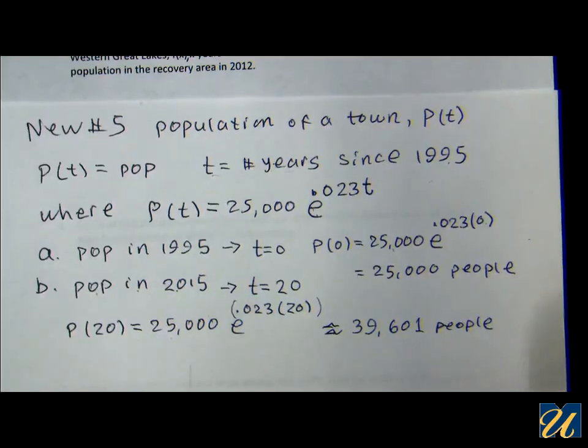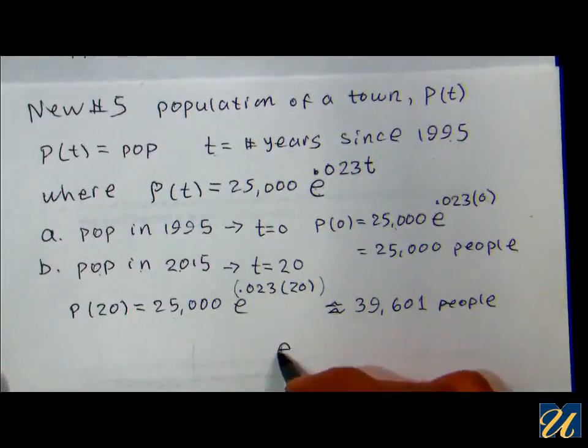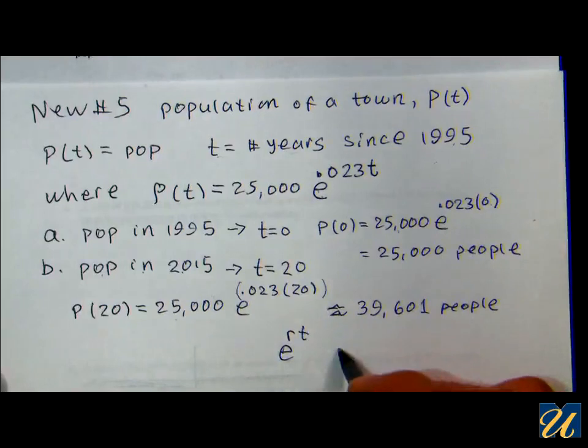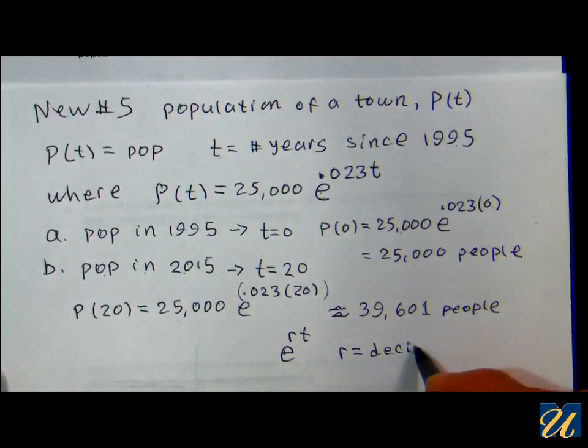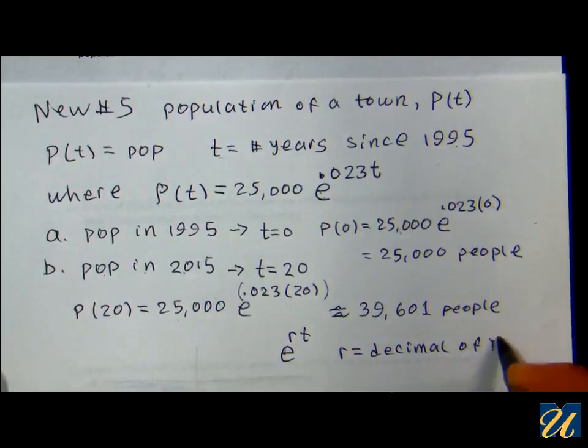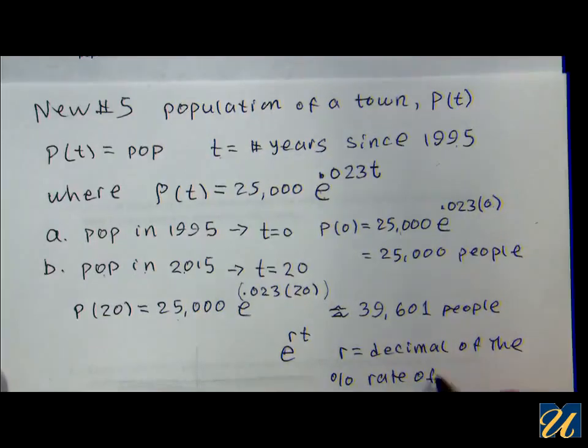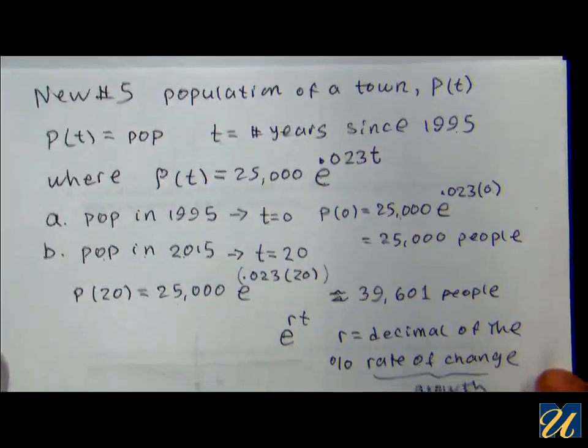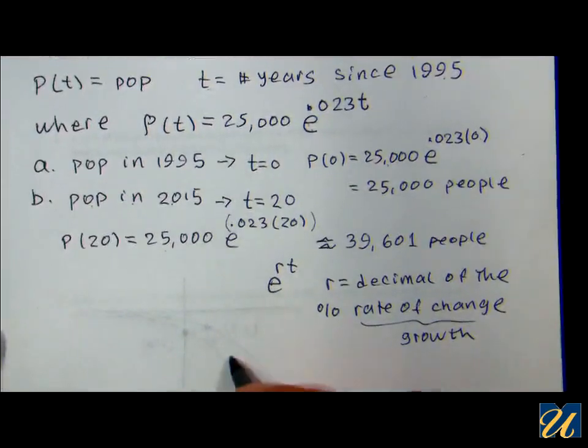In fact, I'll tell you that the population is growing by 2.3% because in e to the RT, R is the decimal of the percent rate of change. In this particular problem, it's growth. So we have R is 0.023, which means 2.3%.